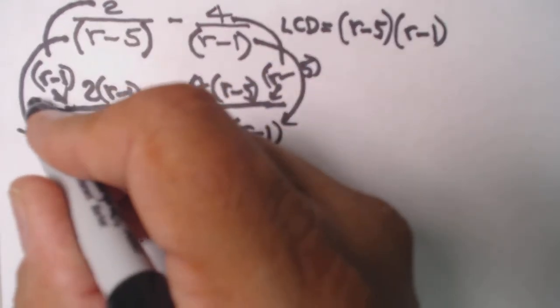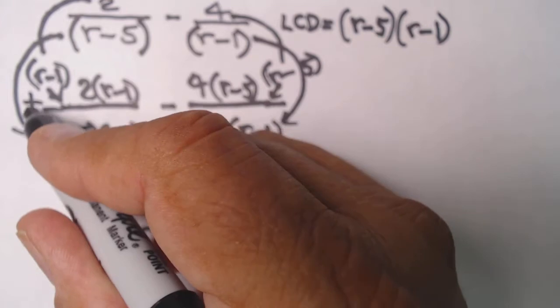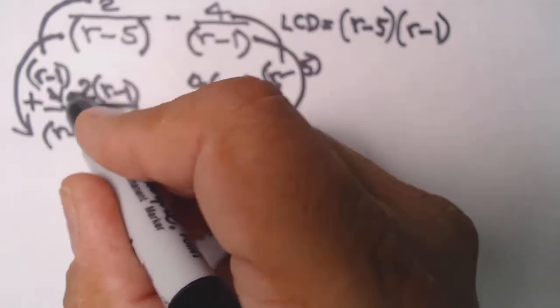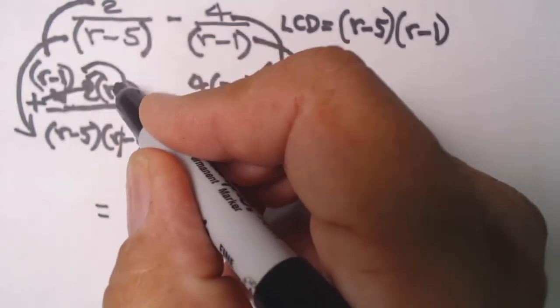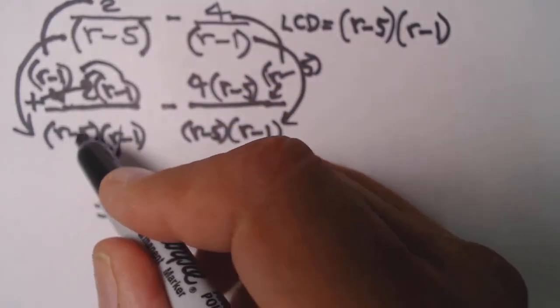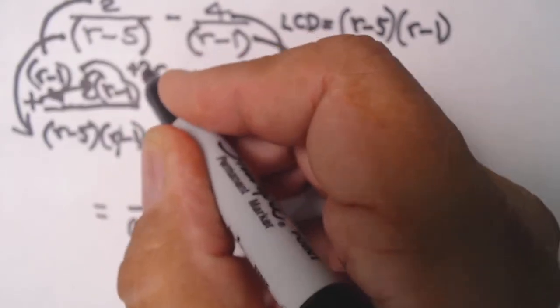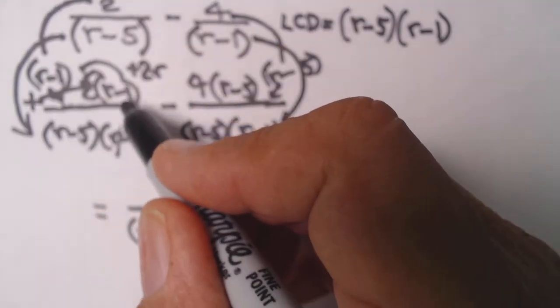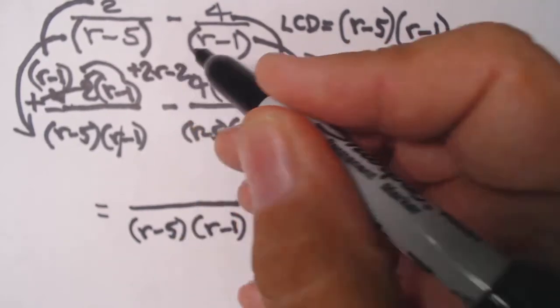Well, this 2 officially has a plus in front of it. Remember, if you don't see a sign in front of a fraction, you assume it to be positive. So this is a plus 2 here, and we distribute that into both of these. Plus 2 times r is plus 2r. Plus 2 times negative 1 is negative 2.